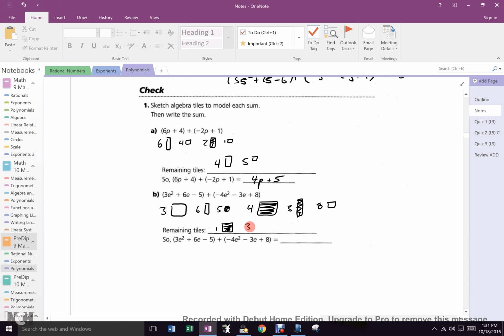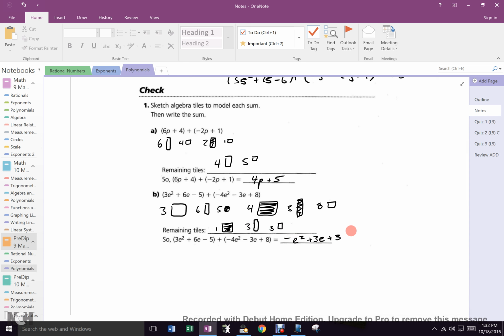If you can count, you can add polynomials. Okay? Everybody good?